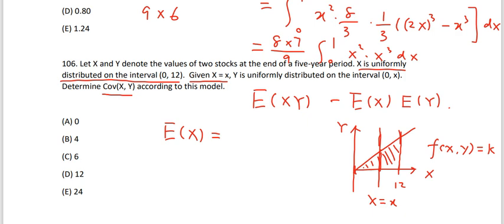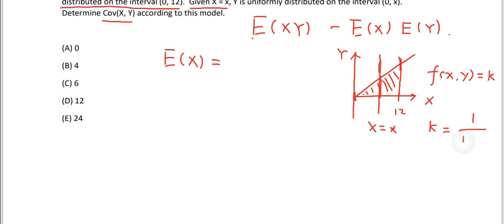So what is k? All probability equals 1, so we just find the integration over the area of this triangle. The area is half of 12 times 12, so half of 12 squared. So k is just 1 over the area of the triangle.